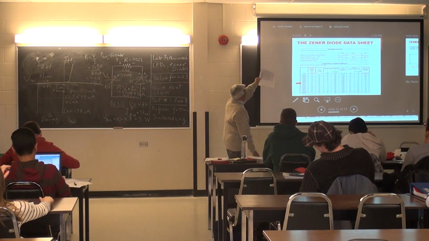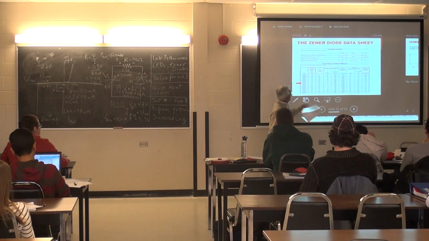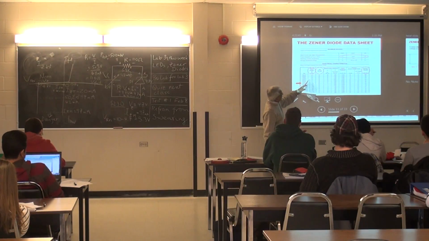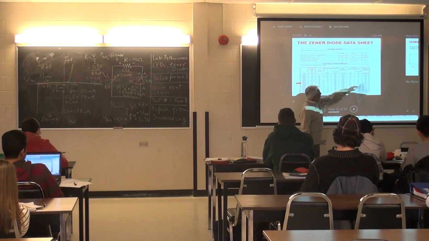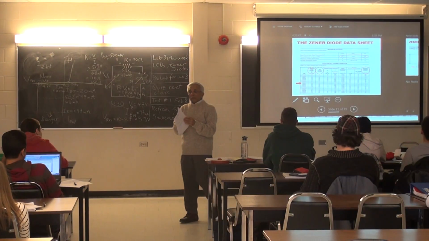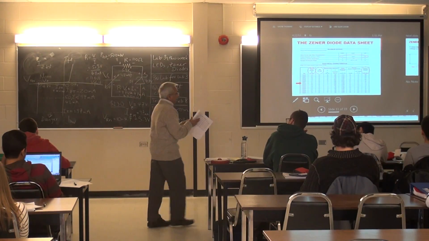So in this slide here, I showed the power, 500 milliwatts. I show the zener voltage, the test current, the maximum current. These are the most important values in a zener spec sheet.